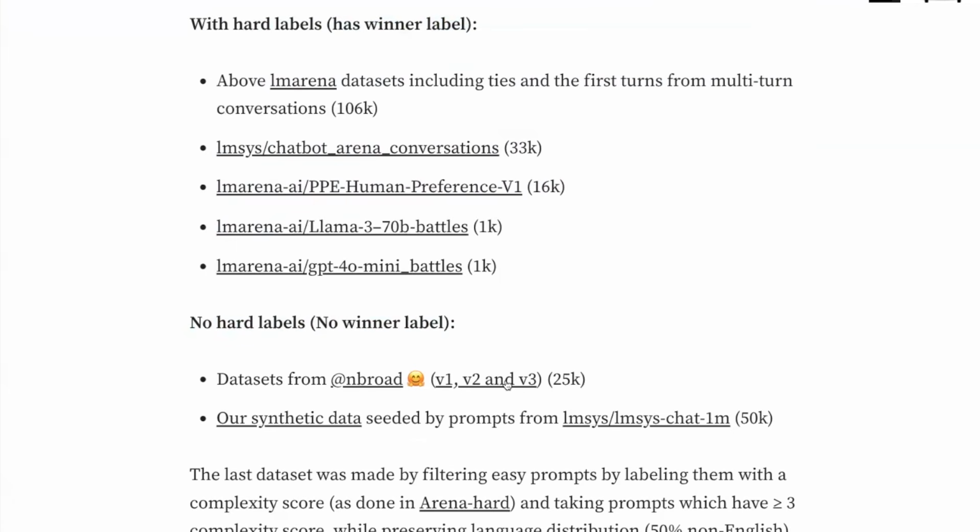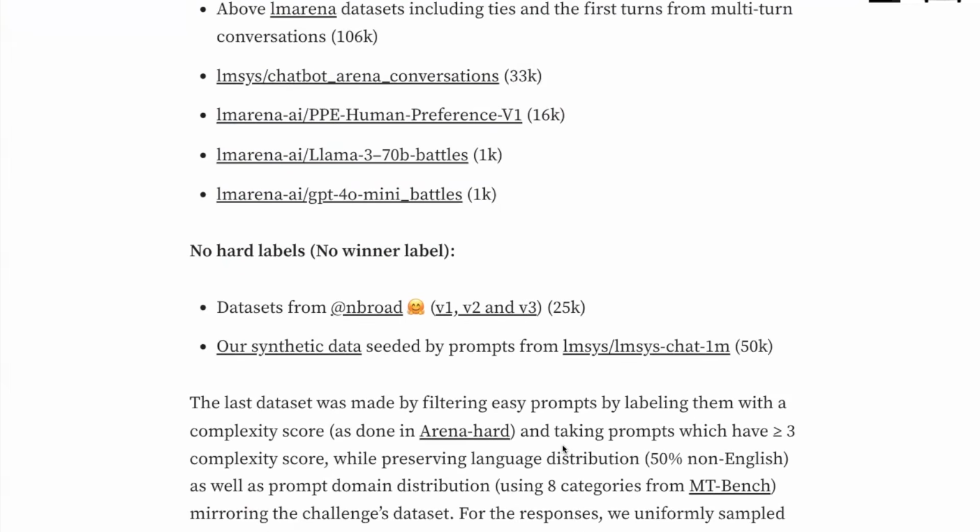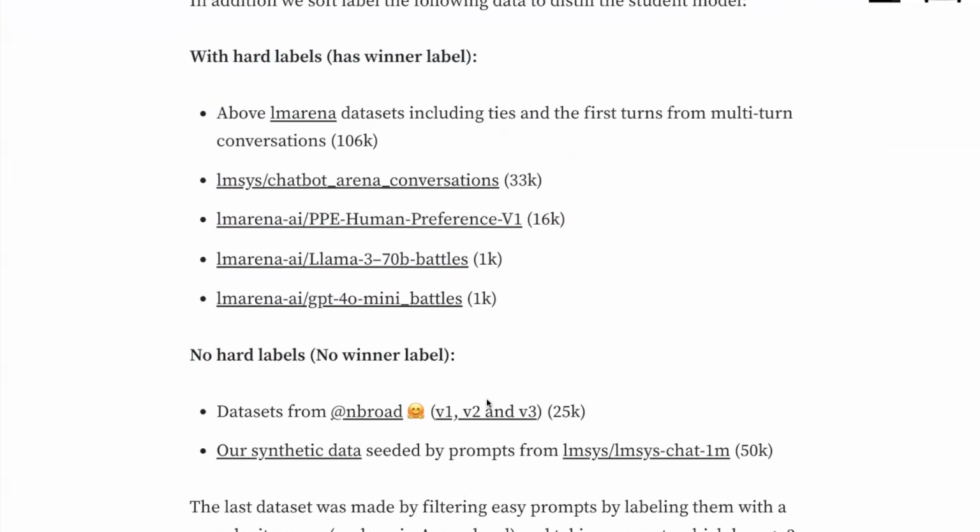So this V1, V2, and V3 seems to be from the first competition on user preference modeling in the past. So they take that problem, where you have the response A and the response B. Then they use the teacher model to label this data set, even though you don't have the winner label there.